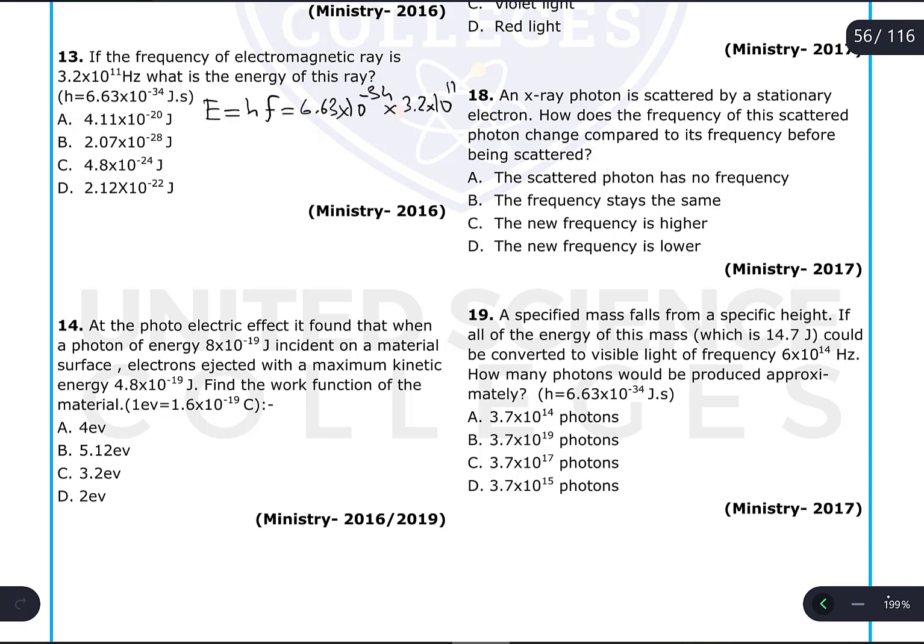So let's do it. 6.63 times 10 to the power of negative 34 times 3.2 times 10 to the power of 11. The answer is 2.12 times 10 to the power of negative 22 joule. So this is the correct answer.